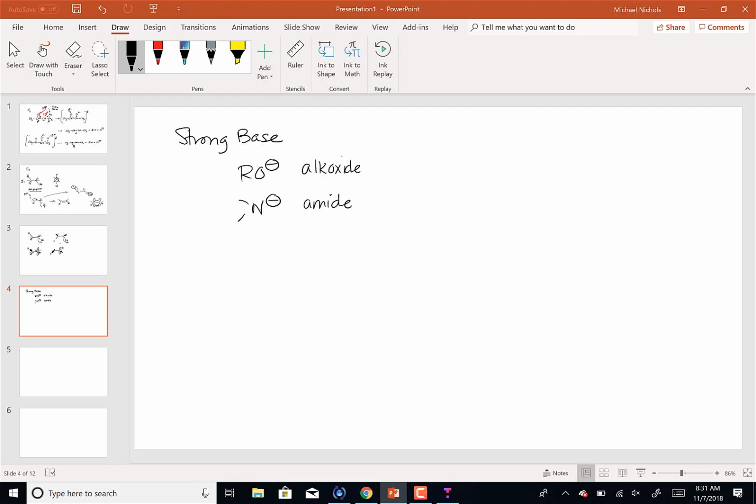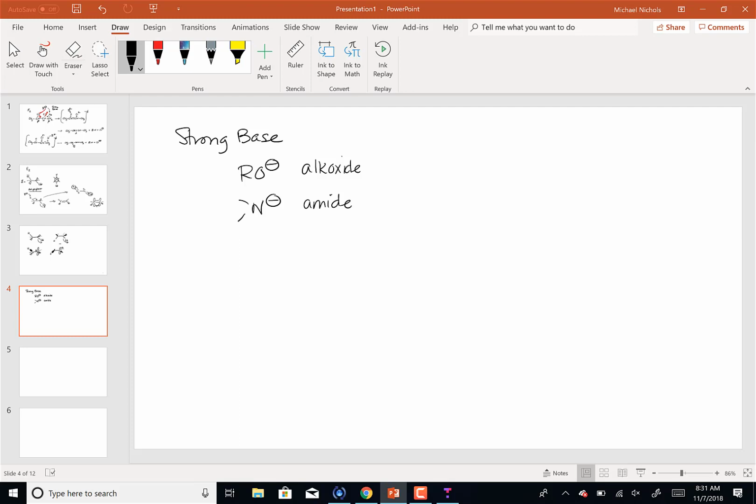So the problem with alkoxides is that alkoxides love to react as nucleophiles. So I have to stop it from acting as a nucleophile. And the way to do that is to take advantage of the same principles that we used in SN2 to determine reactivity.